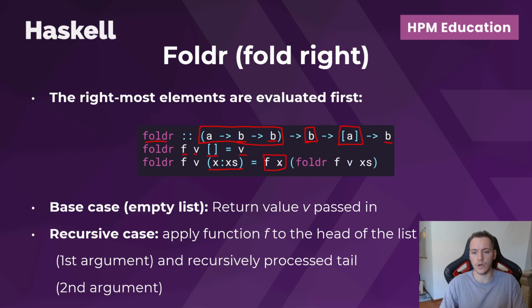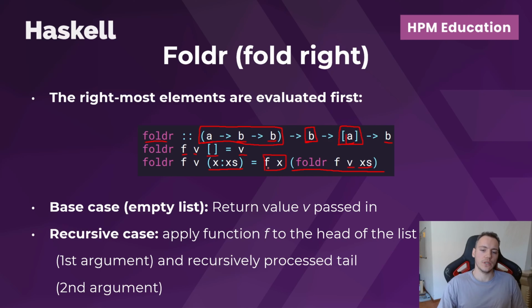So we give it one argument, the A, from the head of the list, as the list is of type A, and then the recursively processed tail of the list with the same starting value and the same function. Okay, so the recursively processed tail of the list will be the second argument to this f of x.